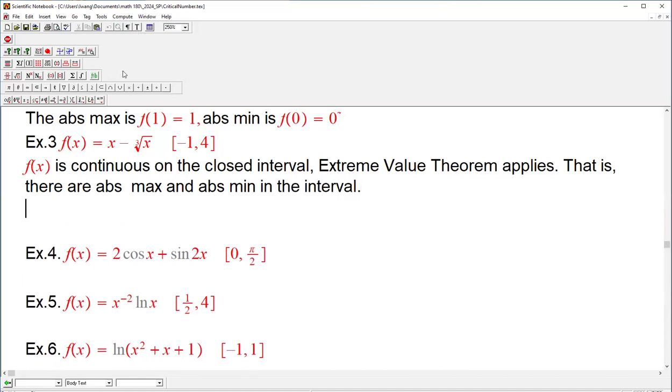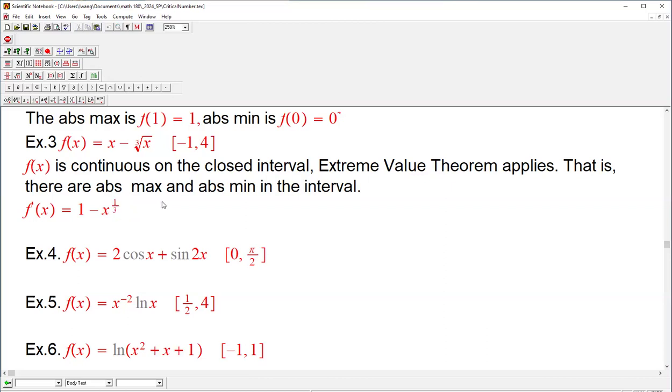So we're going to go about finding it. We know we're going to test the endpoints, but we also need to find the critical numbers. So let's find the derivative so we can find the critical numbers. The derivative of x is 1. The derivative of the cubic root of x, we can write it as x to the power 1 over 3.